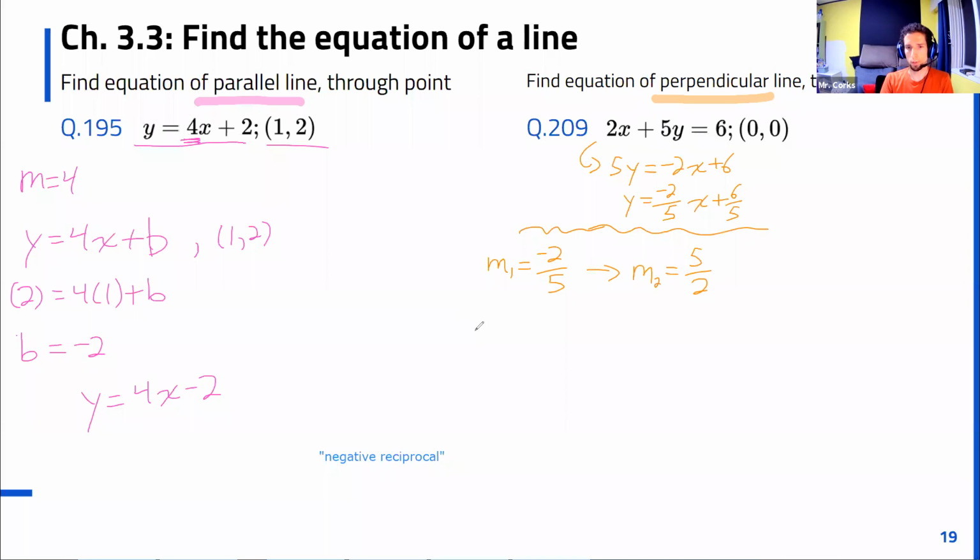So we have y equals positive 5 over 2 x plus b. What can we do to finish this? The y at the origin. So what does that do for us?